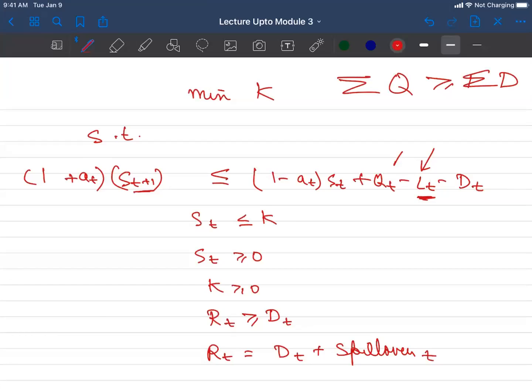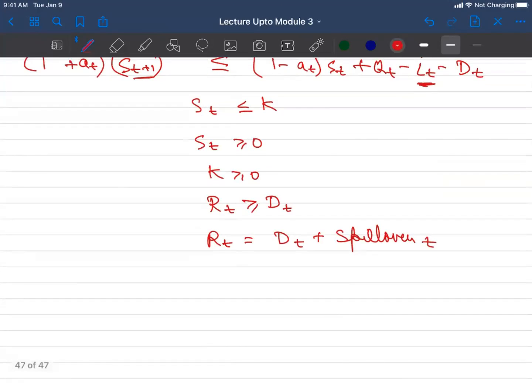You're not designing a standard operating policy, right? You are designing an optimal operating policy, right? So you are saying that your release has to be greater than equal to demand.